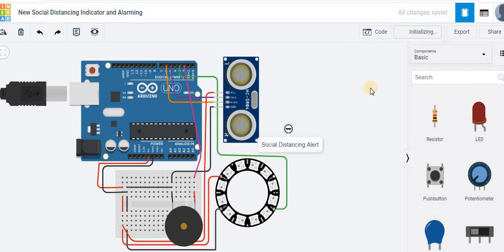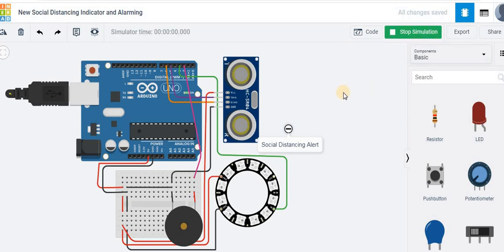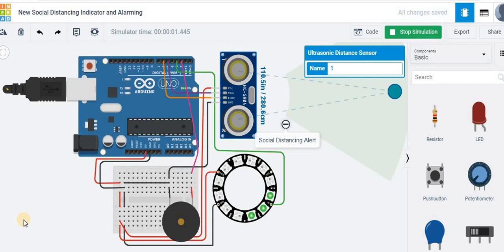Then it will be very easy to see. As you can see, as the distance decreases, the number of LEDs with respect to the color changes.